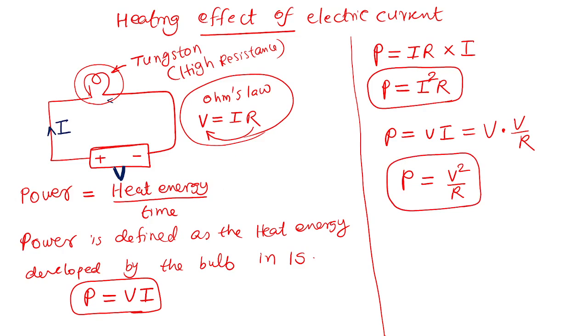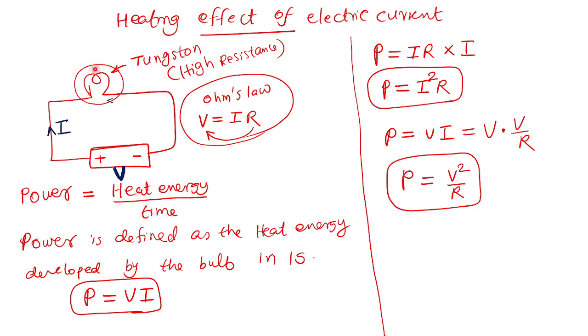So let me explain everything. Let me brief everything. I am talking about the heating effect of the electric current. First of all, we have to learn power. Power is the heat energy developed in 1 second.